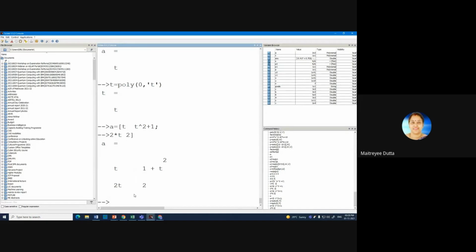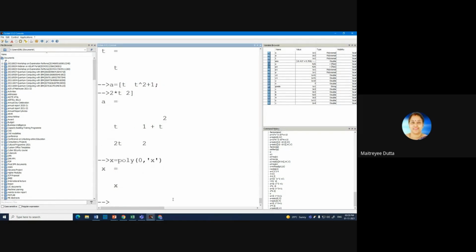For example, in terms of x, you write x equal to poly(0, 'x'). You have to declare that x is a polynomial, otherwise it will give an undefined variable error.